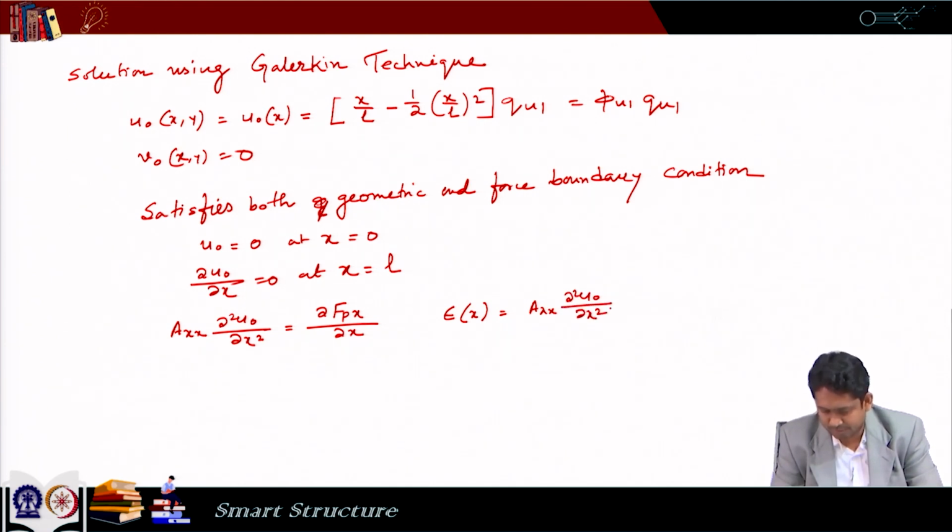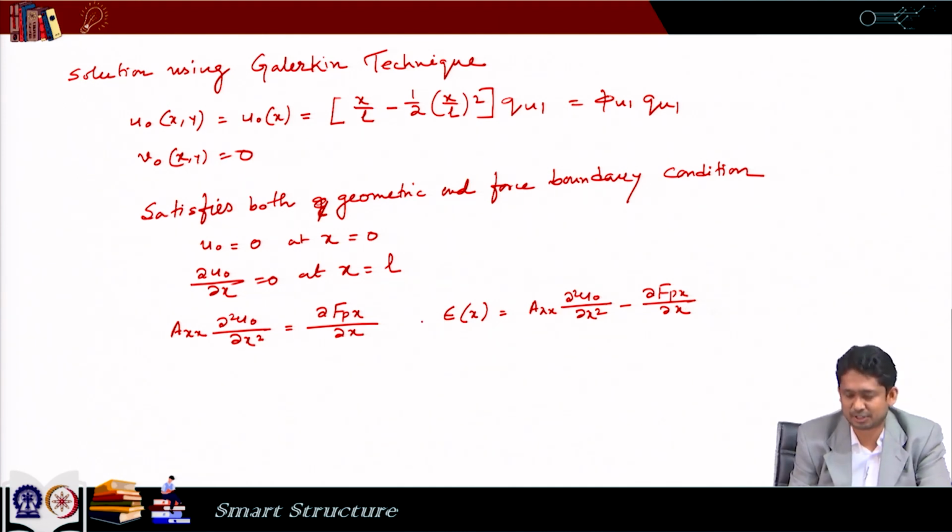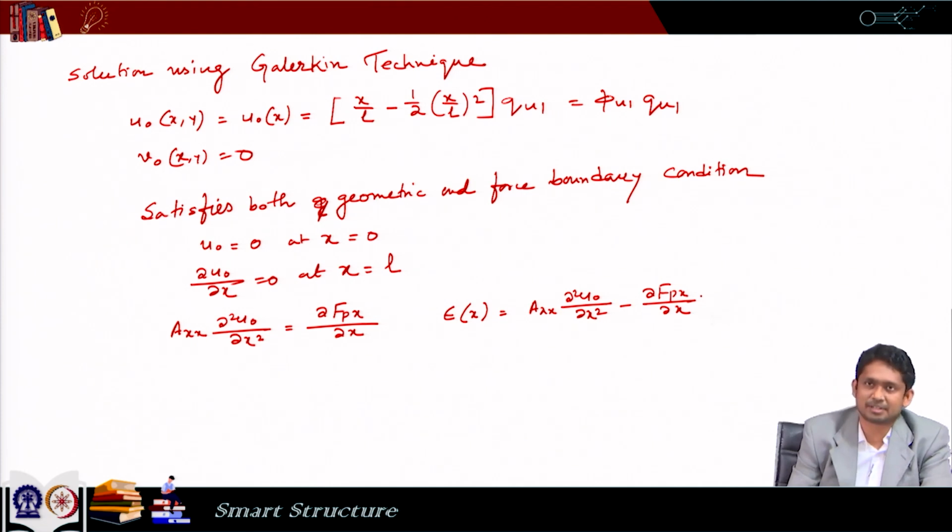The residue that we define is minus of del p x by del x. Now, what we do is multiply this residue by the basis functions one by one. In this case, we have only one, so we just multiply with phi u1 and integrate it over the surface and make the residue 0, and that gives us the desired equation, solving which we can find q u1.